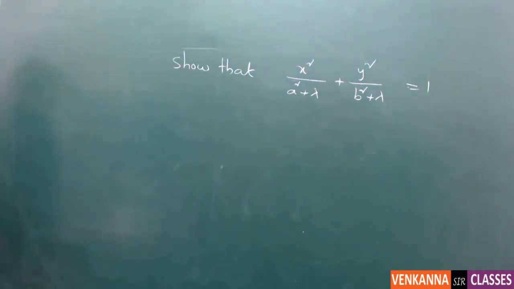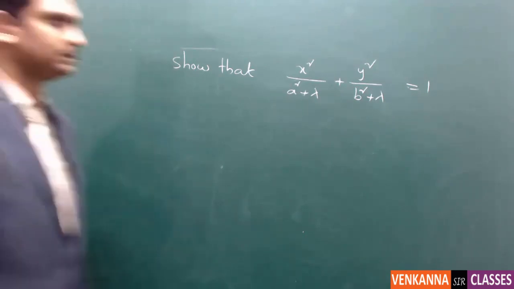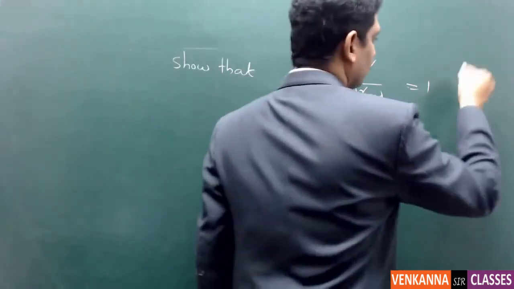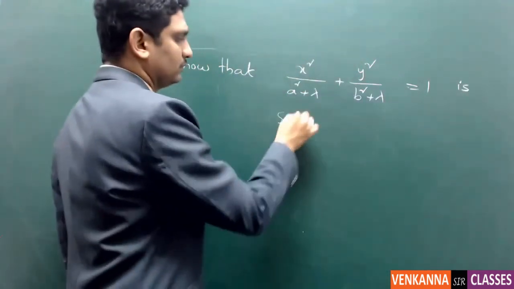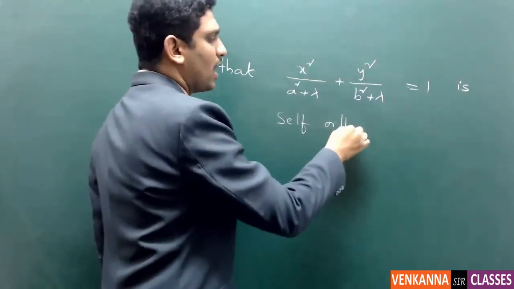Show that x square by a square plus lambda plus y square by b square plus lambda equal to 1 is self-orthogonal.